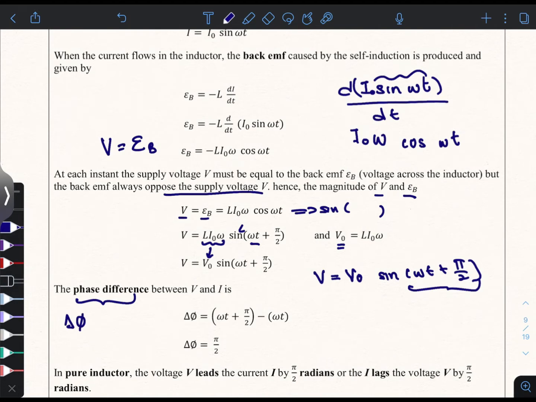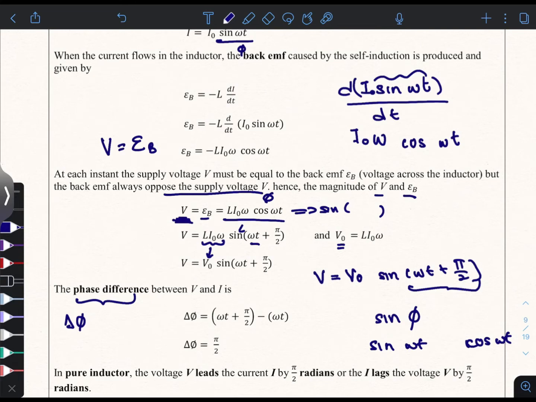For I we have sin omega t, for V we actually have cos omega t. This was your sin equation, and this is your V equation.